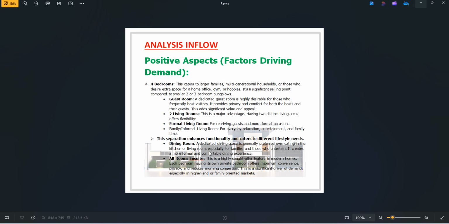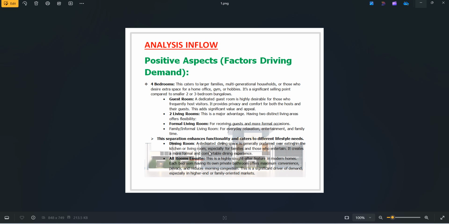Now there is going to be a dining room. A dedicated dining space is generally preferred for formal dining and other occasions where people can express themselves, and it can be experienced during the dining period. We also have all rooms en suite, and the reason for this is that it's a highly sought after feature in modern houses.